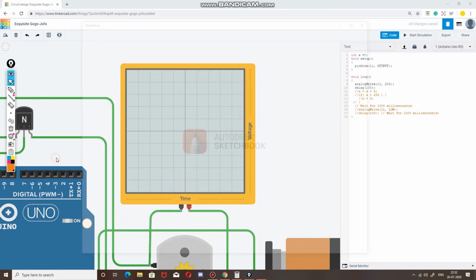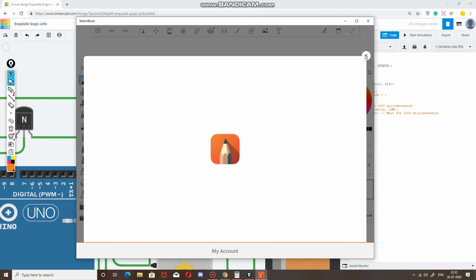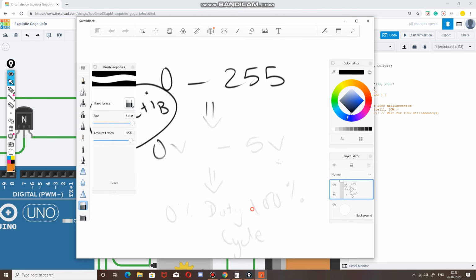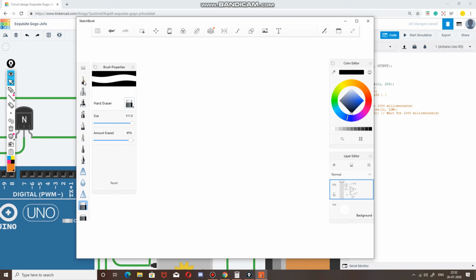I'll just remove this, and then okay. So what happens with this? You've now understood what duty cycle is and all. Now I want to explain it in a more easier manner.